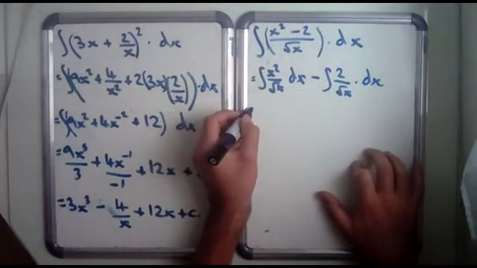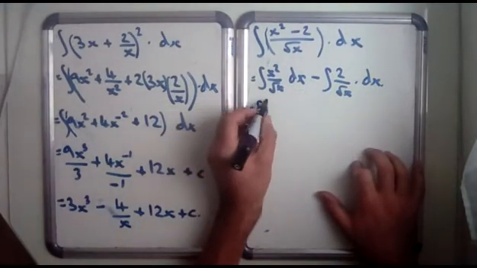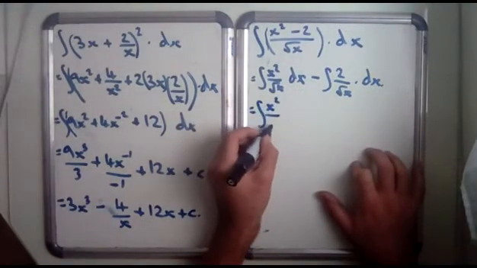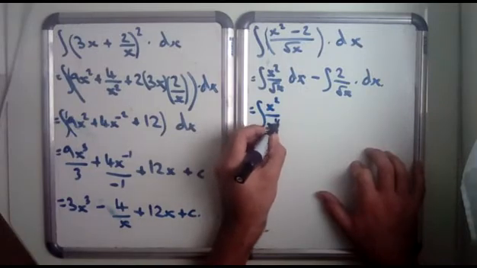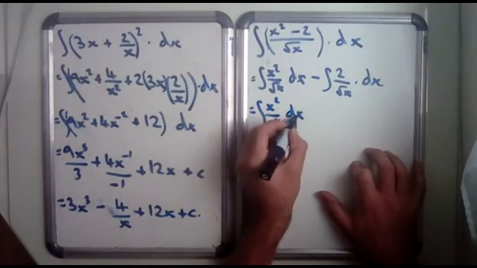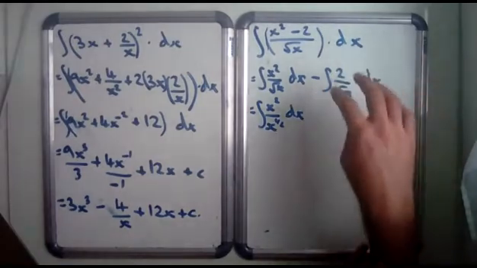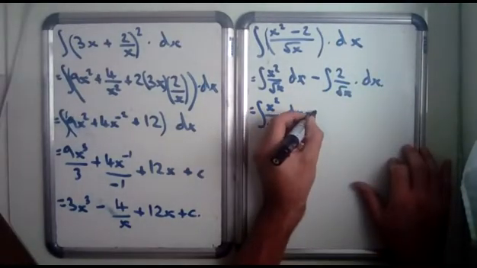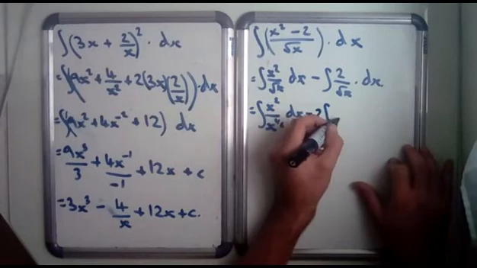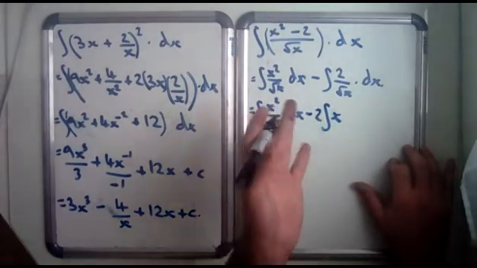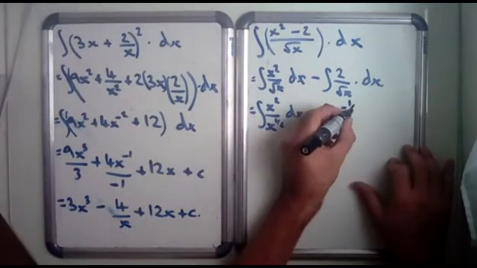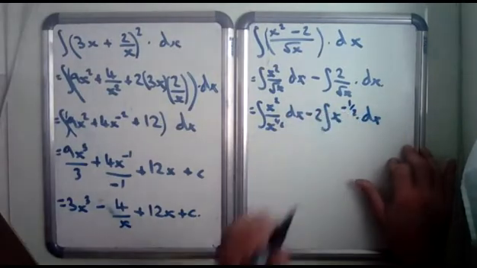So I'm going to write this down. So equals the integral of x squared minus x to the half dx minus, well, I can pull the 2 out as a constant, so minus 2 times the integral of, anything in the denominator is negative, so x to the minus a half dx.